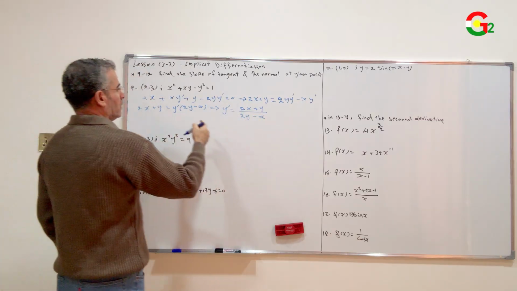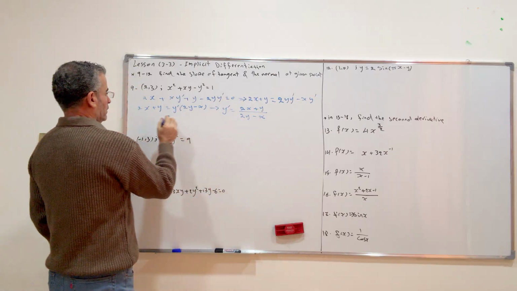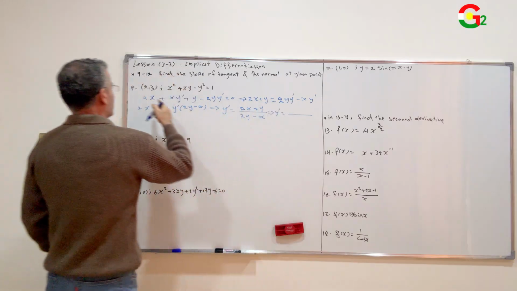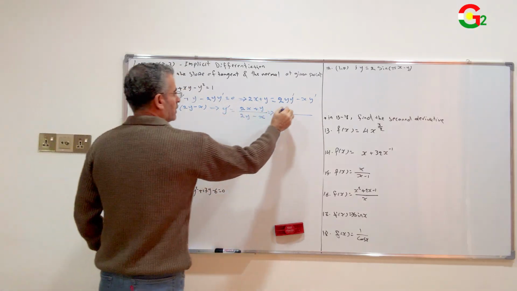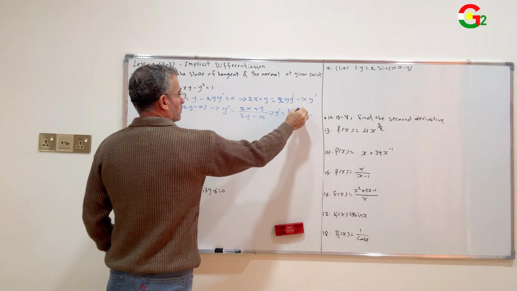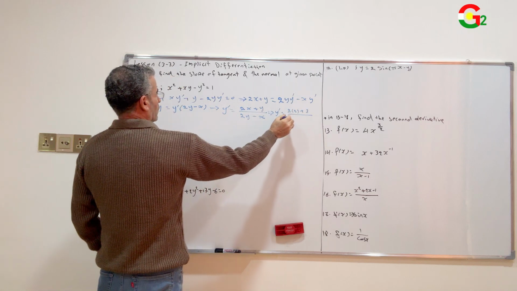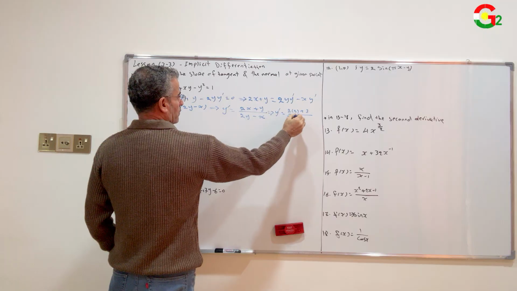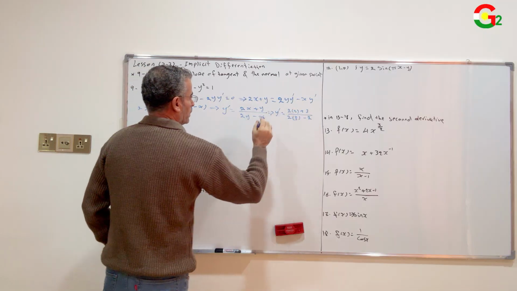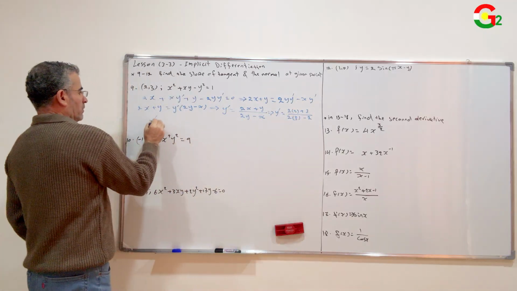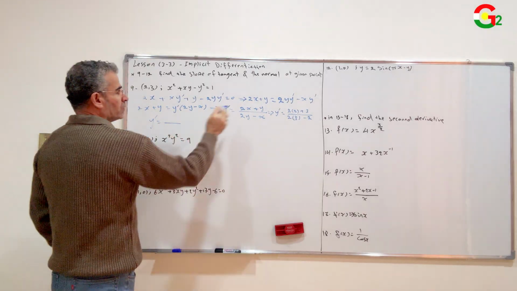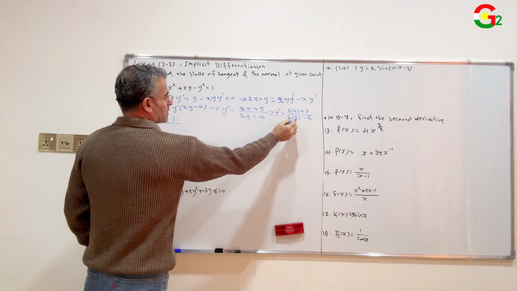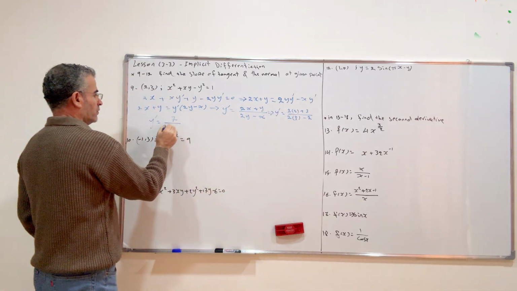Now y prime equal to 2x plus y over 2y minus x. The slope at the given point: y prime equal to, replace every x with 2 and y with 3, 2 times 2 plus 3 over 2 times 3 minus 2. Y prime equal to 2 times 2, 4, plus 3, 7, over 2 times 3, 6, minus 2, 4.